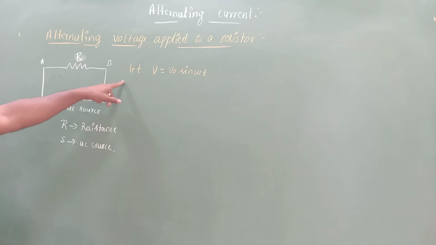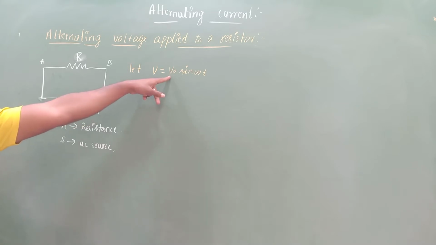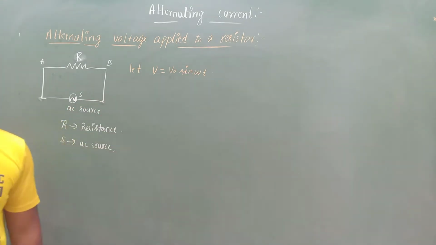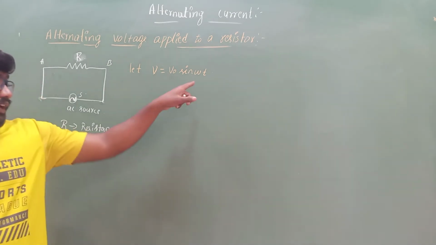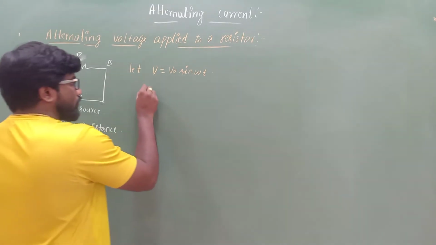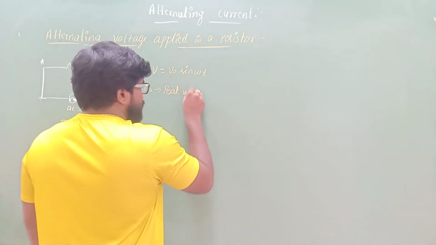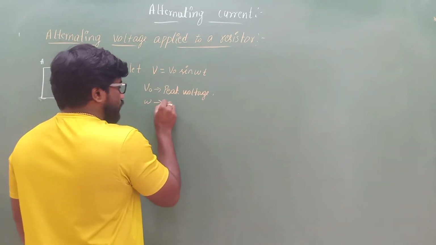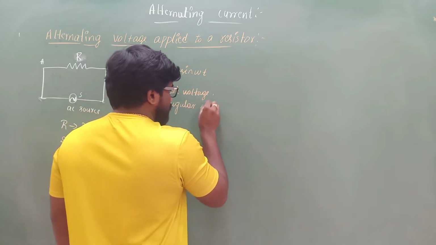V naught is the peak value, or maximum value, of the alternating voltage, and omega is the angular frequency, 2 pi by T. I'll write: V naught is the peak voltage, and omega is the angular frequency.